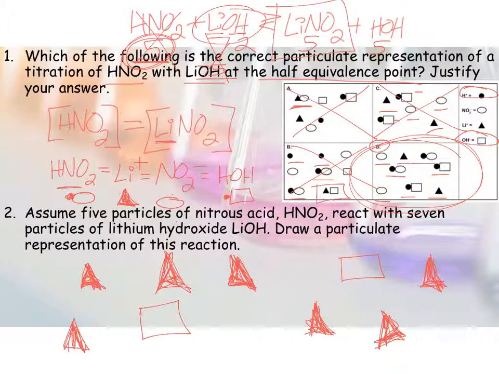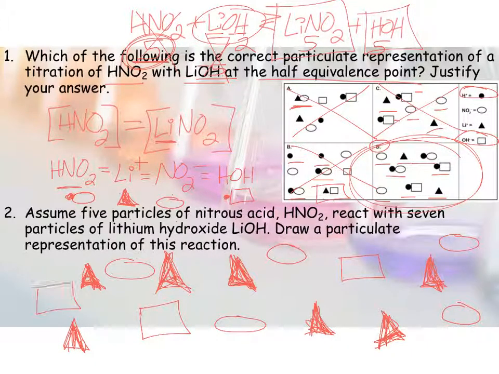Now I need my NO₂ minuses. I had 5 of those, so 1, 2, 3, 4, 5. All right, and then I got 5 of my HOH's. HOH and HOH and HOH and HOH and HOH. And bam, there you go.